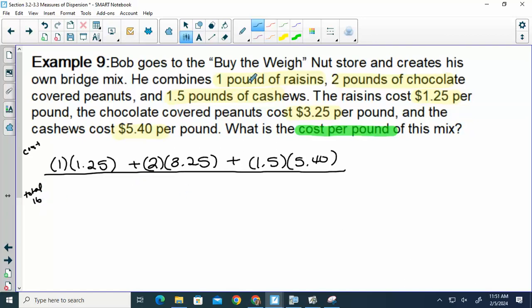So my pounds would be 1 plus 2 plus 1.5. Does that make sense? Well, let's see what we get.